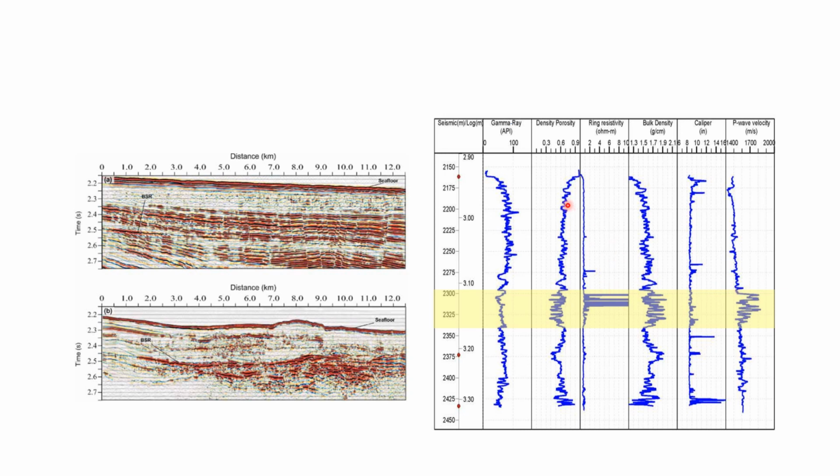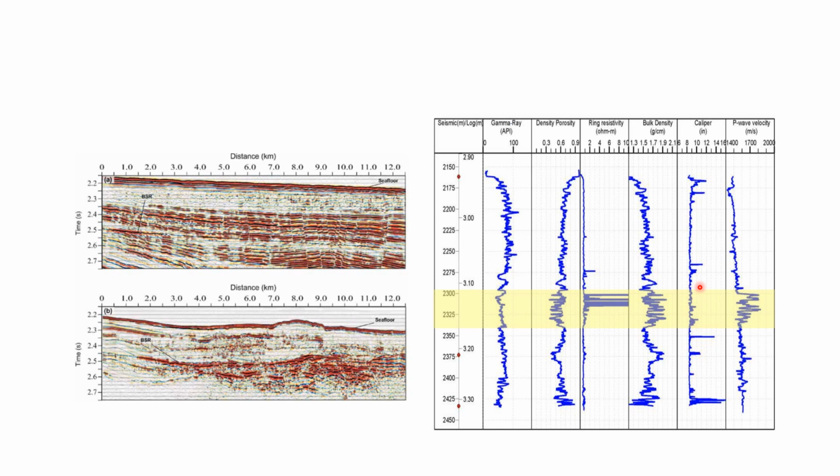Here you can see some well log data, and this yellow strip is showing the zone of gas hydrate. As we know, gas hydrate is a clathrate, an ice-like cage of gas and water. Because it contains gas, it has lower conductivity, that means it has a very high resistivity.